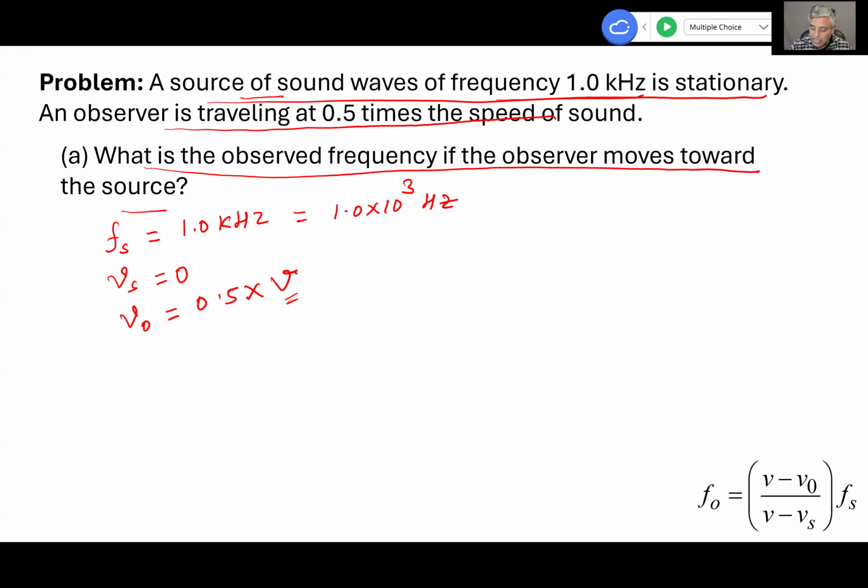Okay, so now the source is here and the observer is here. The observer is moving that way, and the sound is moving this way. So V is this way, and the observer is going that way.